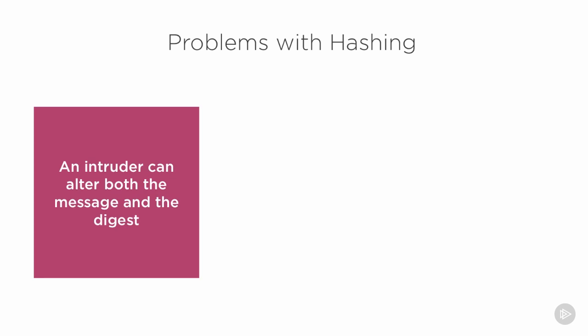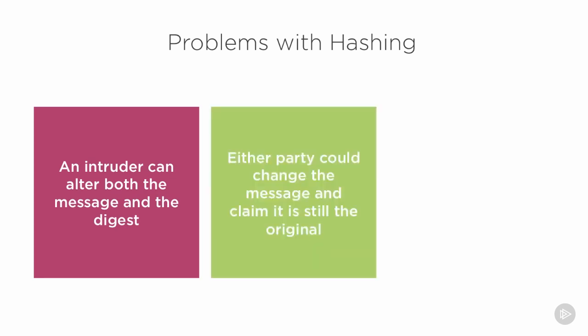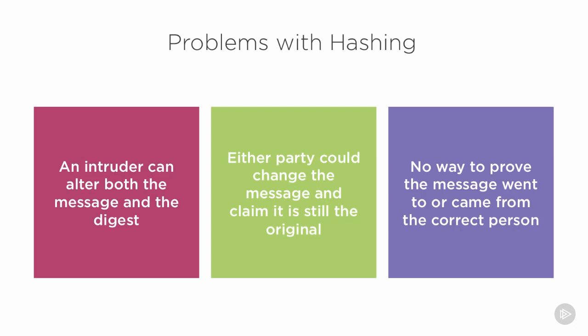The receiver wouldn't realize that both the message and the digest have been changed. Either party could also change the message and claim, well, this is still the original. And there's no way to prove with this who the message came from or who it actually went to. Did it go to or come from the correct person? Or did it come from somebody masquerading or pretending to be somebody else?